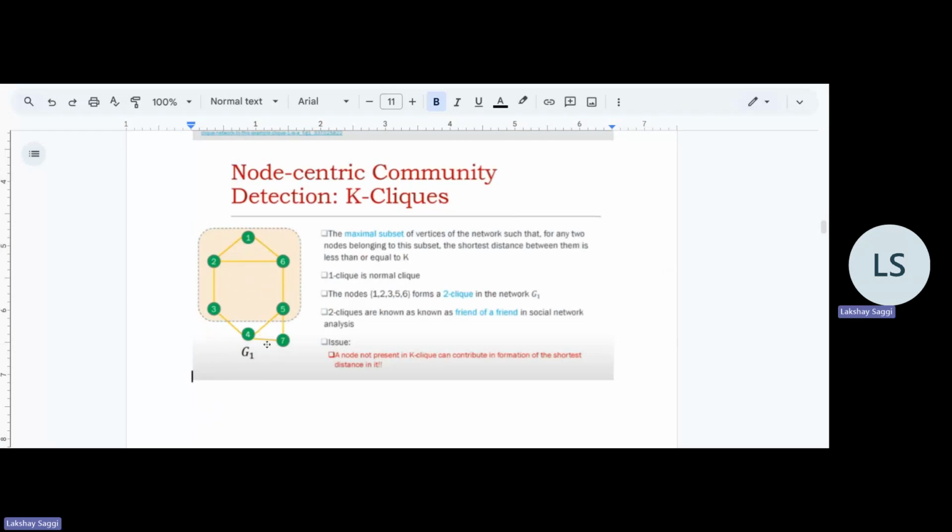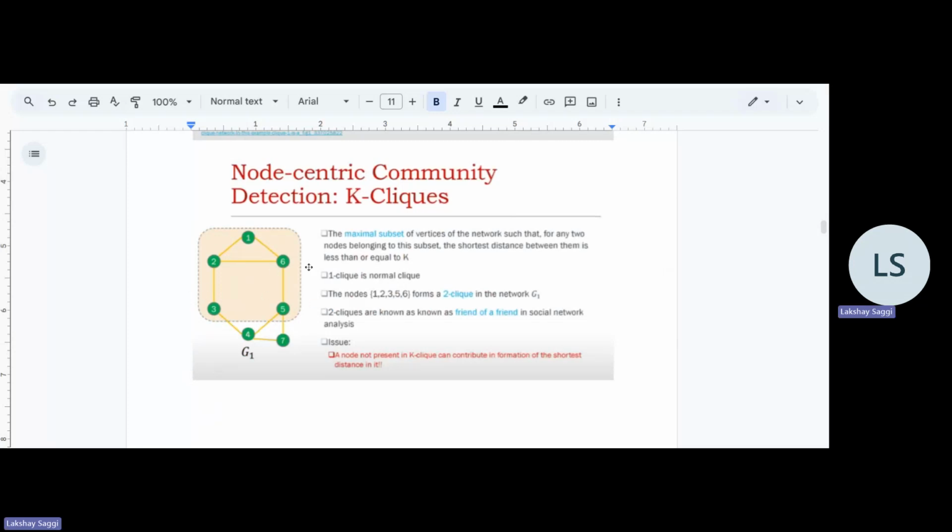So this is not a 2-clan. If we define this kind of set, we have to use only the graph formed by the set itself, so only vertices 1, 2, 3, 5, and 6 are present.